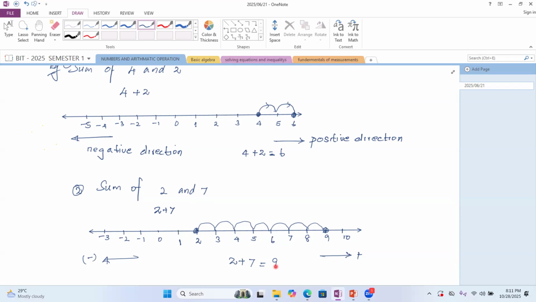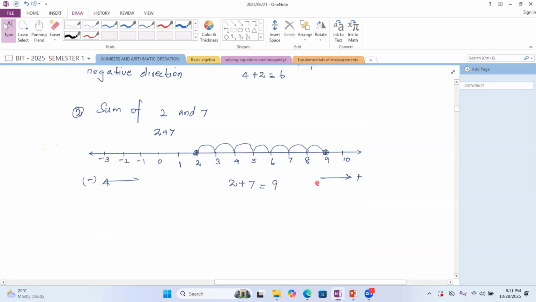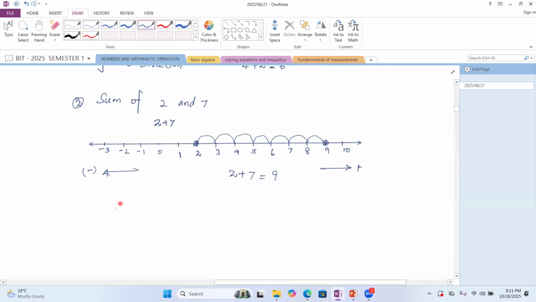So how can we add 3 numbers by using the number line? Another example: sum of 5, 3, and 4.